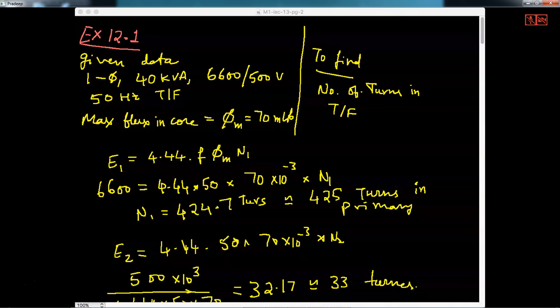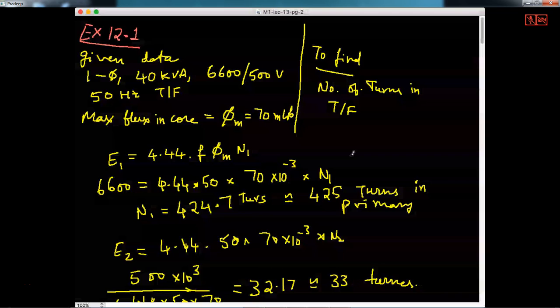When I solve it, I get 424.7 turns. Turns is basically an integer number, so you round it off to 425 turns in the primary. Similarly, applying the same thing for the secondary winding, I get 33 turns.